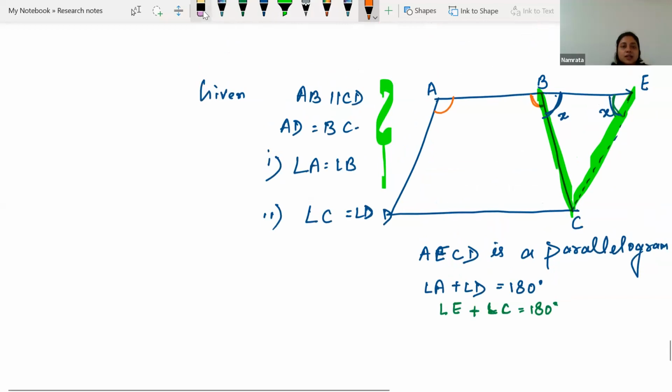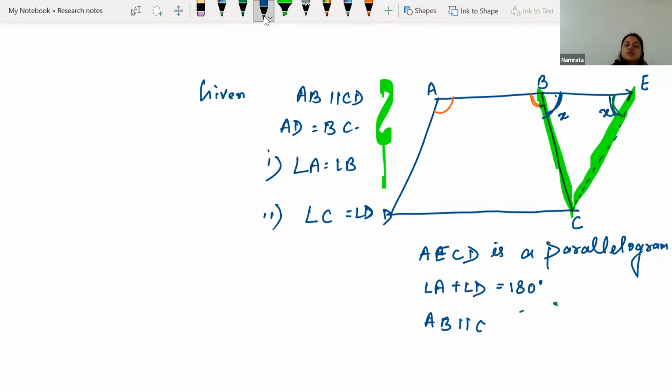Okay, rather than taking the isosceles triangle, we can also take one thing over here. Since AB is parallel to CD, which is given in the question itself, can we say BC is a transversal?